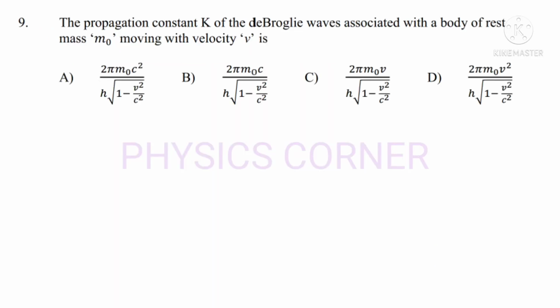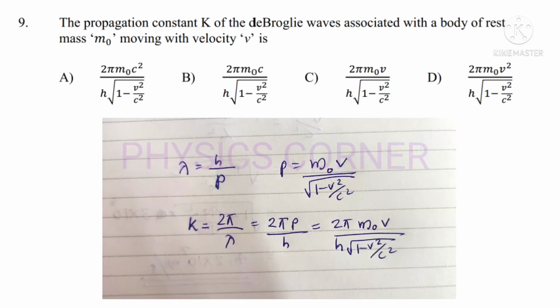Ninth question. The propagation constant k of the de Broglie waves associated with a body of rest mass m0 moving with velocity v is, the de Broglie wavelength can be written as lambda is equal to h by p, where p is the momentum. And we can write the relativistic momentum as p is equal to m0 v by root of 1 minus v square by c square.